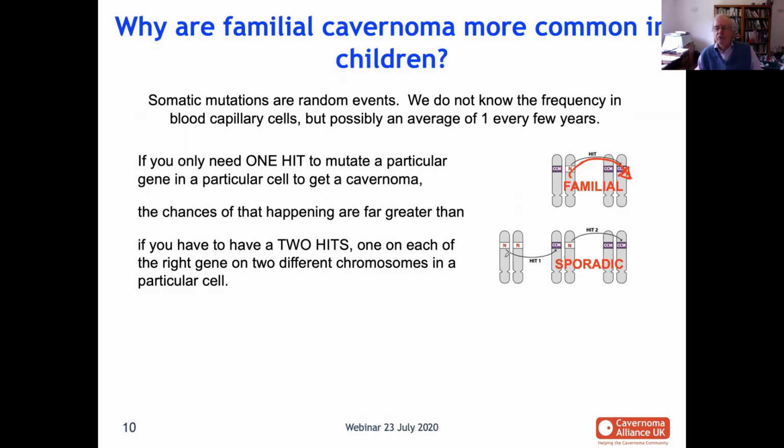But if you have to have two hits, you'll get one hit on one of them first, but then to get a Cavernoma, you have to have another hit on the adjacent chromosome, the other one of the pair, on that same gene, in order to get this pair of abnormal genes in that one cell. And the chances of that happening are very much less than in the familial case. This double hit is a rare event compared to the familial form.